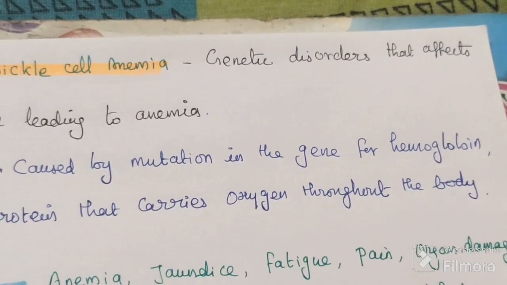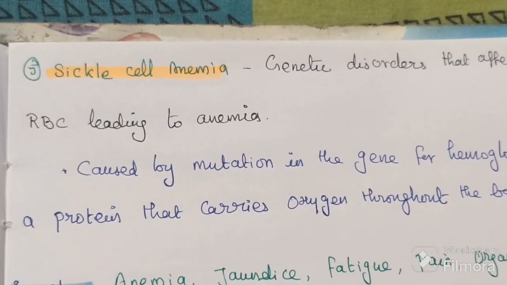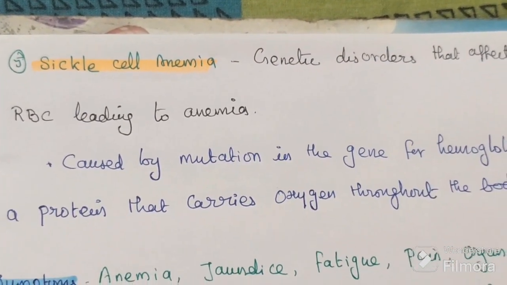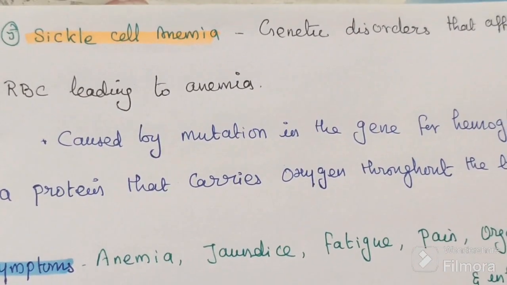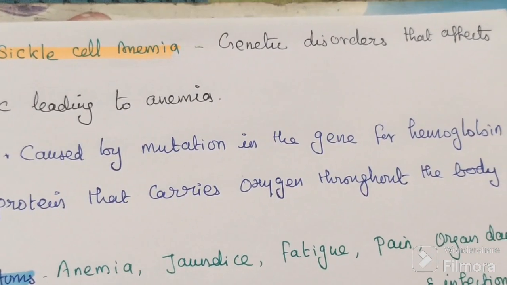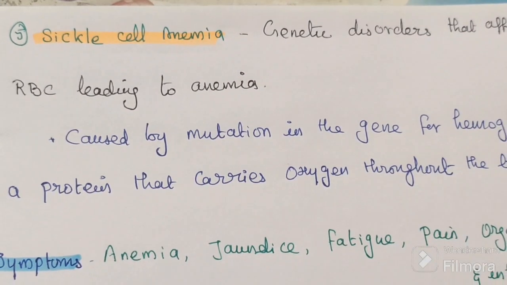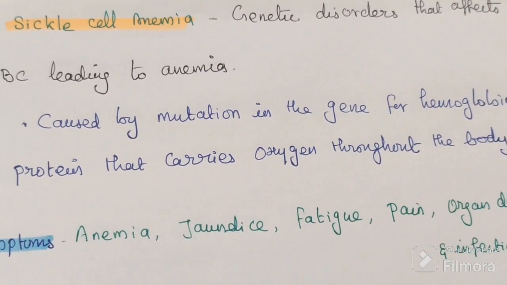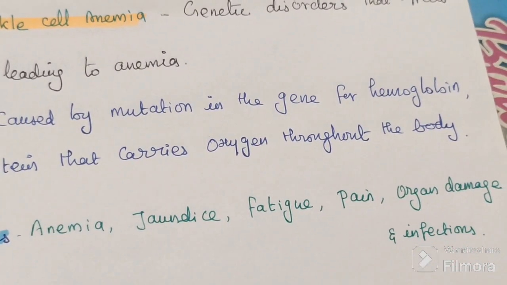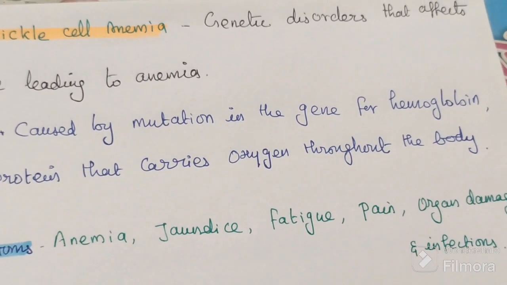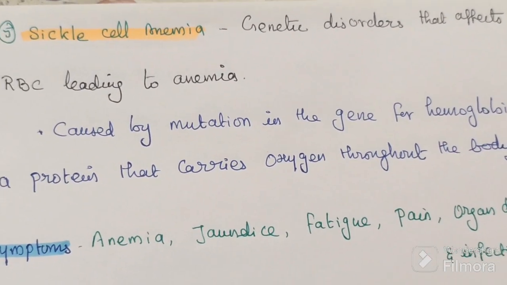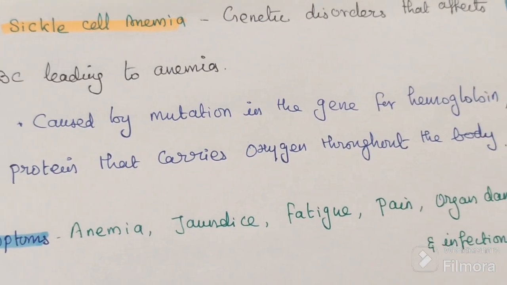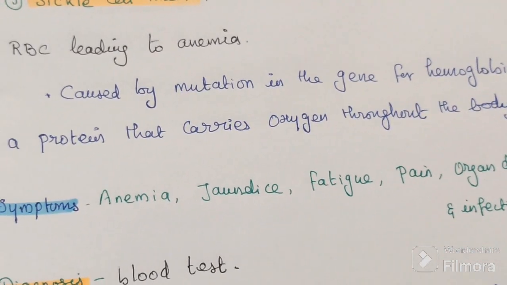Final one is sickle cell anemia. It is also a genetic disorder that affects RBC, leading to anemia, caused by a mutation of the gene for hemoglobin, the protein that carries oxygen throughout the body.